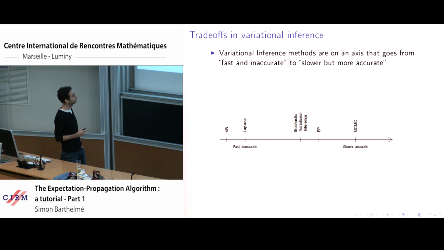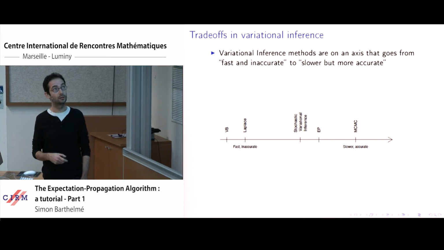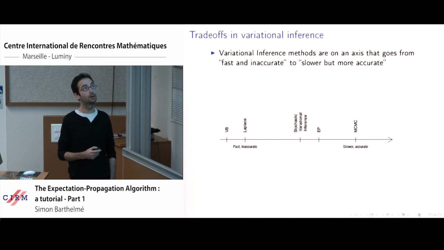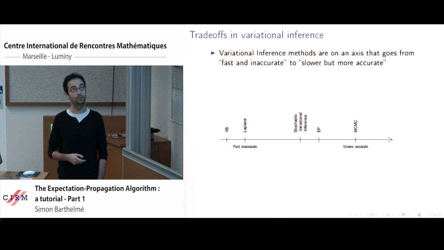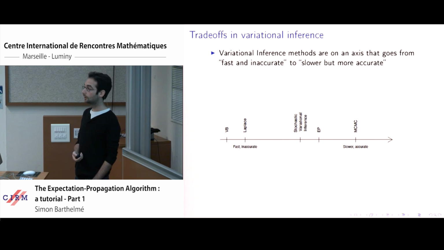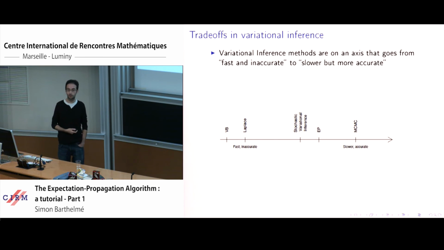Now you have a new class of methods called stochastic variational inference, which is essentially minimizing the KL divergence, just like in VB, just like Christine explained, but in more complicated cases where you have to sample, and using a Gaussian as the approximating family. And now you have EP, which tends to be quite accurate, a bit slower, and it's also usually more work to implement.